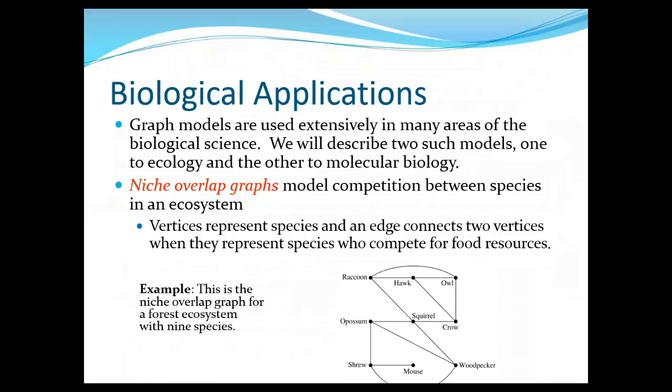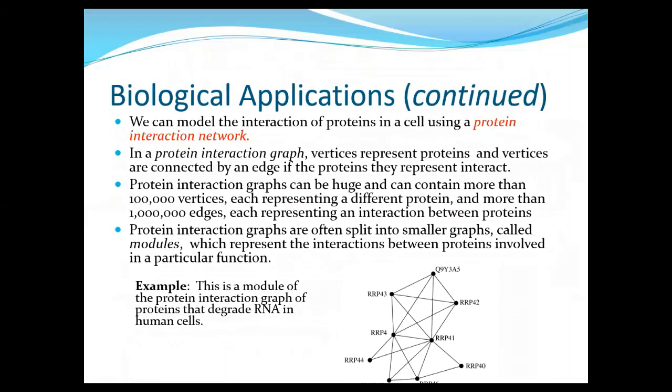And the connections between proteins, the variations of what protein, how they are related. In this example, we have RRP43, which is connected to RRP42, 41, and 4. So we could say that they are in the same family based on this graph. Okay, so that's all for the applications of a graph.